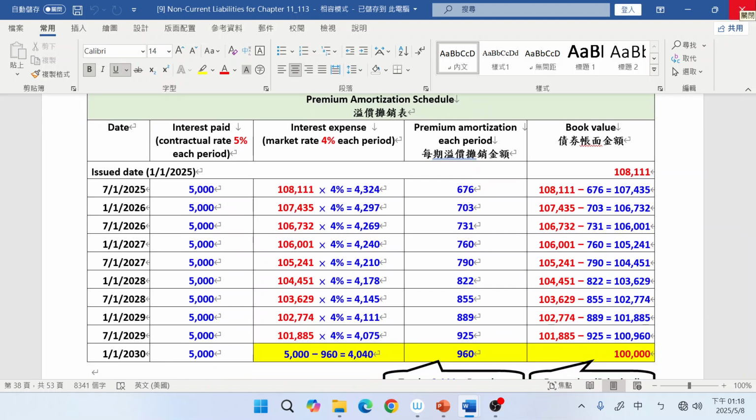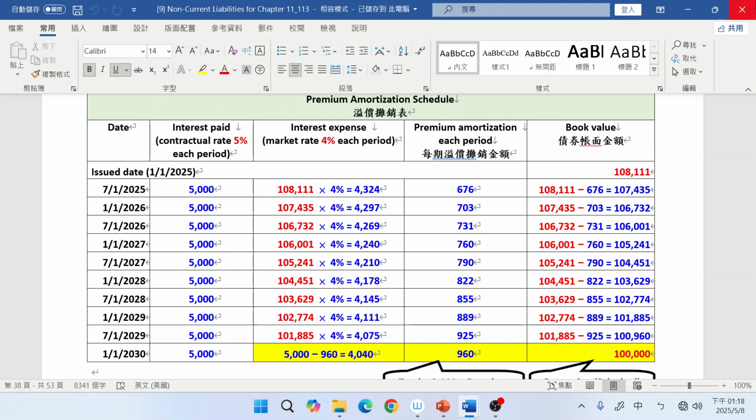Then we could find out our first cost of borrowing. What's that? Contractual interest rate, 票面利率. Your promises will not be changed, so the contractual interest rate will be the same for each period.